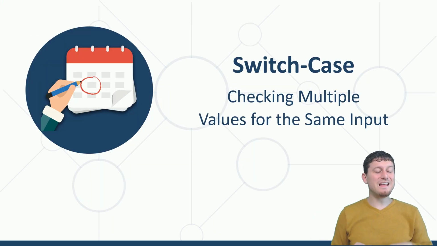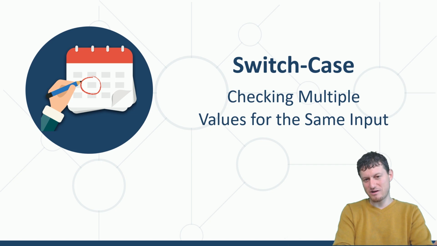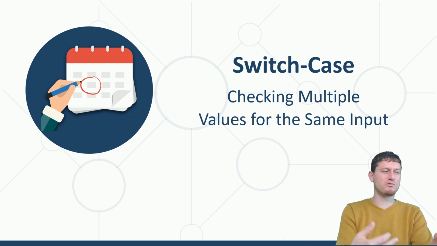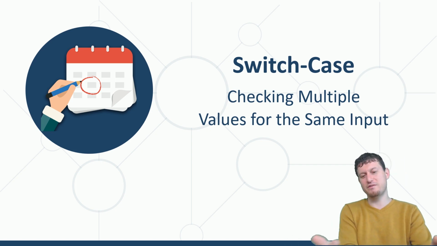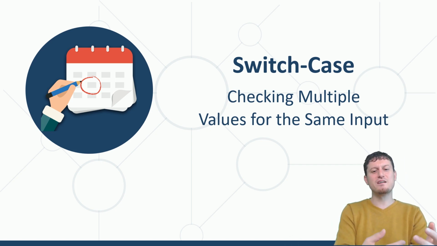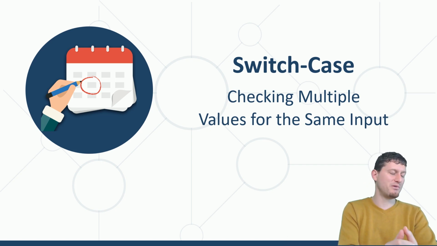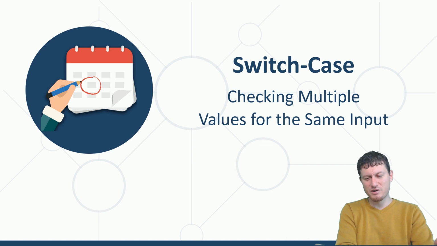Okay, let's go ahead with the next section for our lesson. It's called switch case. Switch case is a special operator similar to if-else, which allows checking for multiple values for the same input. So we check something, for example, the age of certain person, and if the age is 5 years, we print something. If the age is 20 years, we print something else.